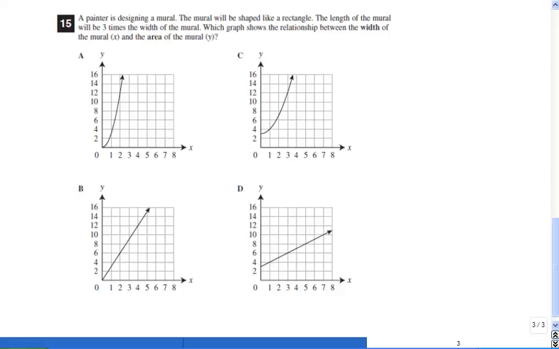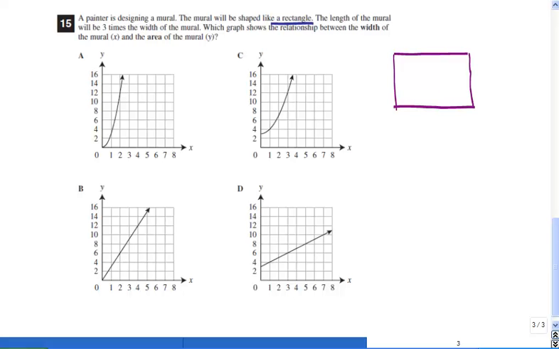Because you have a problem that requires you to visualize, to imagine a certain object that's shaped like a rectangle, I'm always recommending you guys to put that picture in front of you. Draw a small sketch of how that mural is going to look, a rectangle with more given facts.